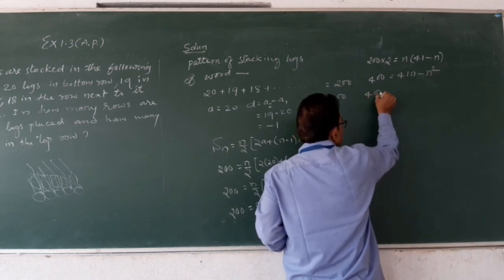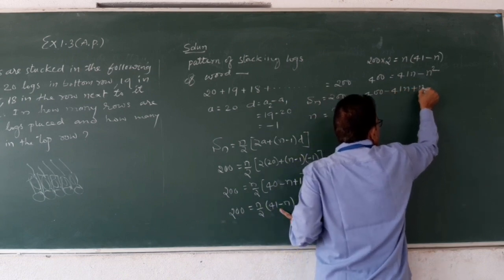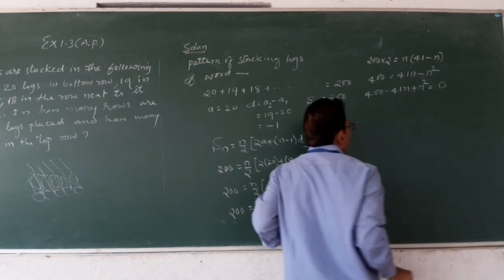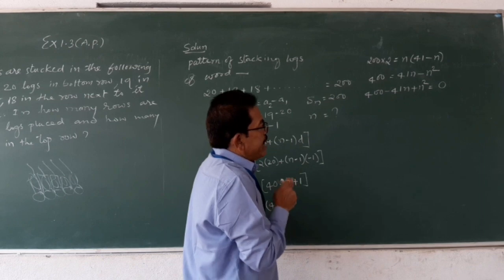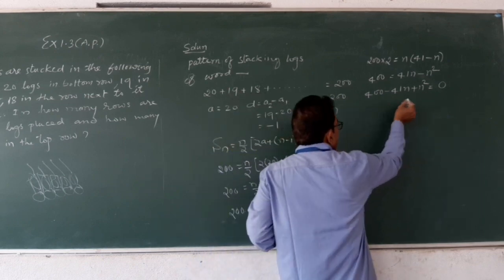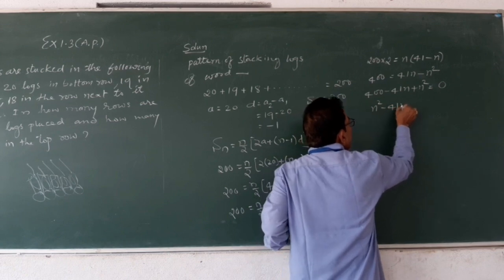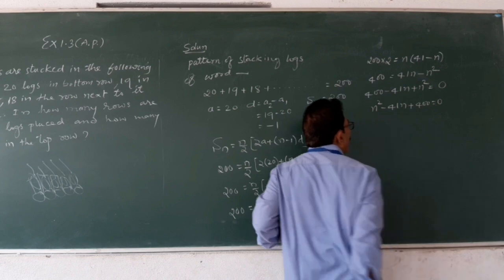So 400 minus 41n plus n square equals 0. We made an arrangement in the standard form. So let us write orderly: n square minus 41n plus 400 equals 0.